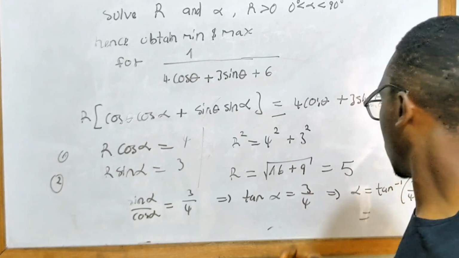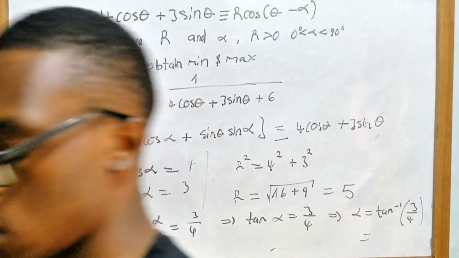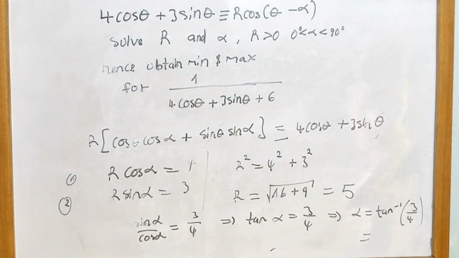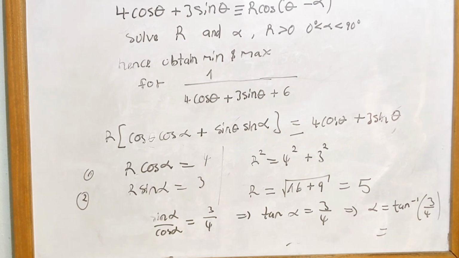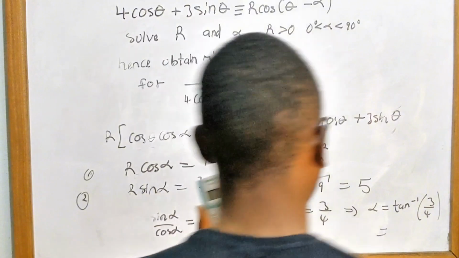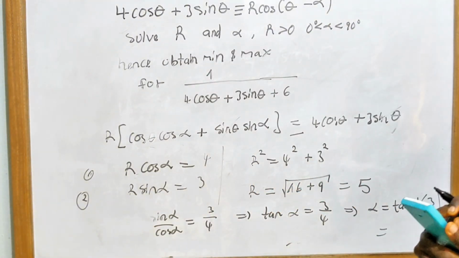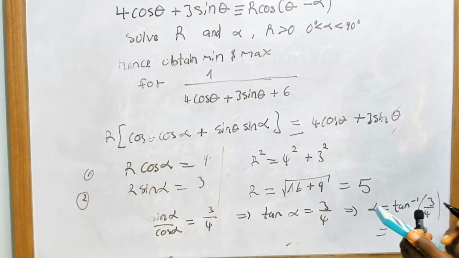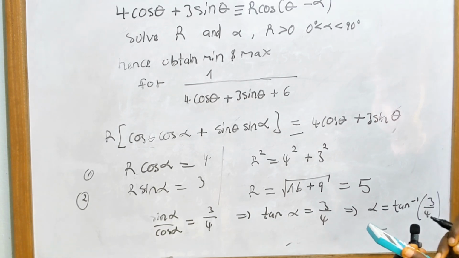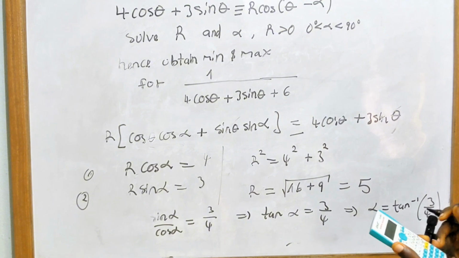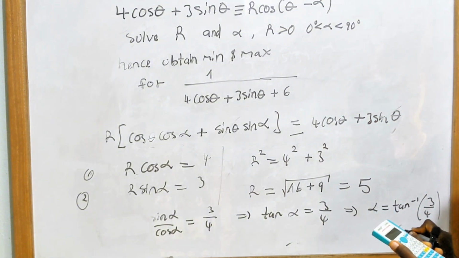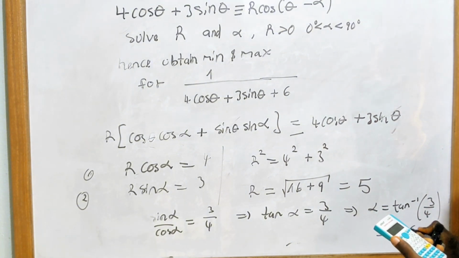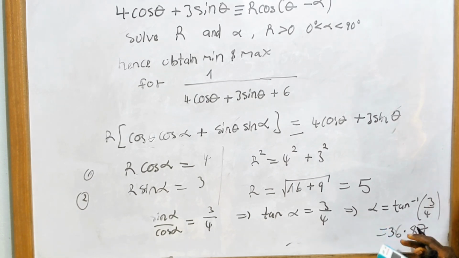Let me punch the calculator: second function tan inverse of 3/4 equals 36.87.